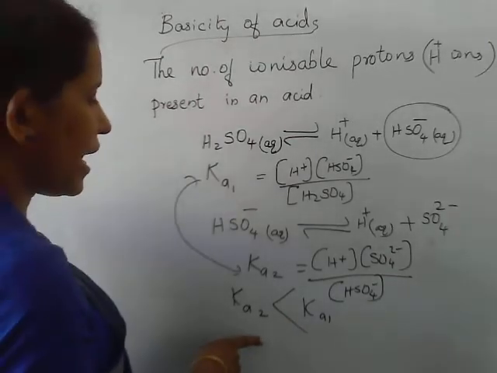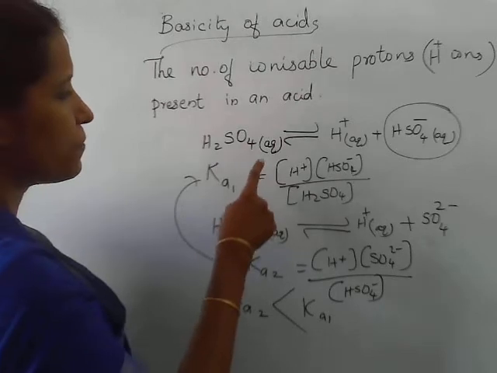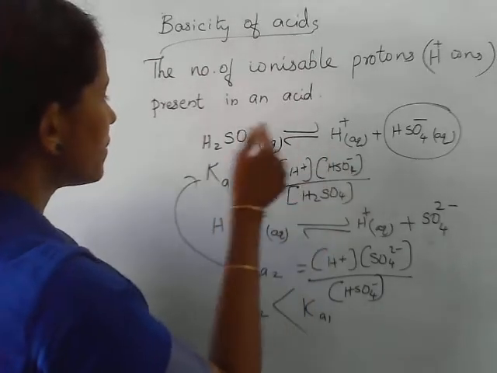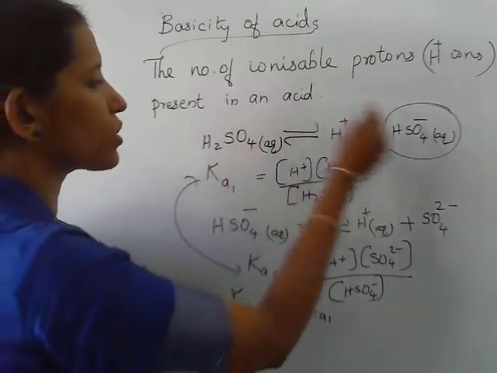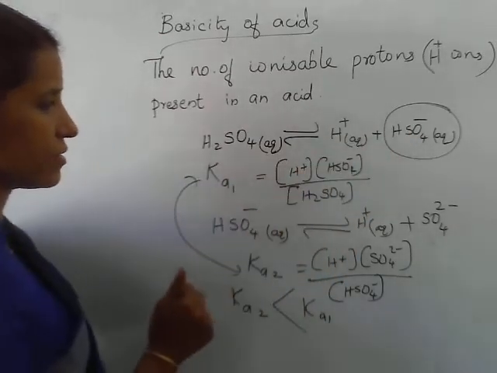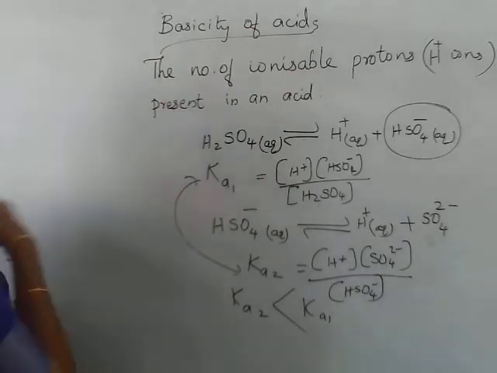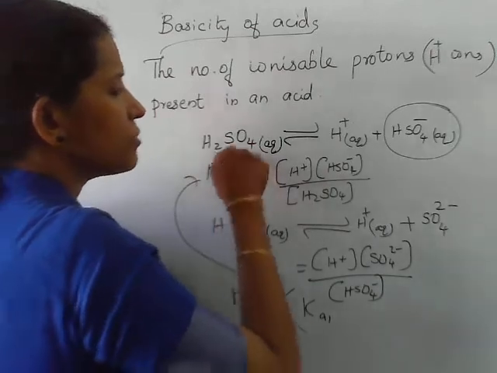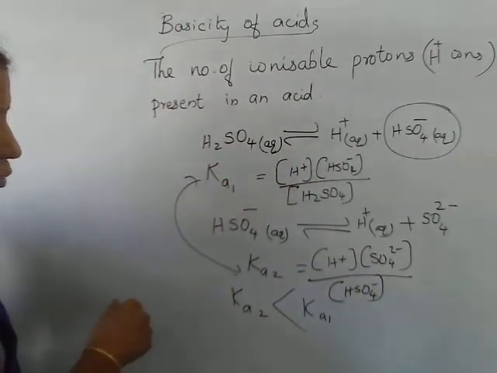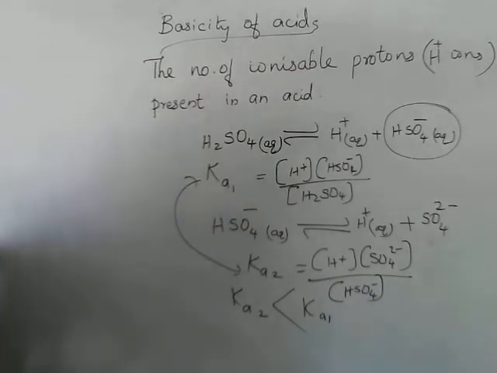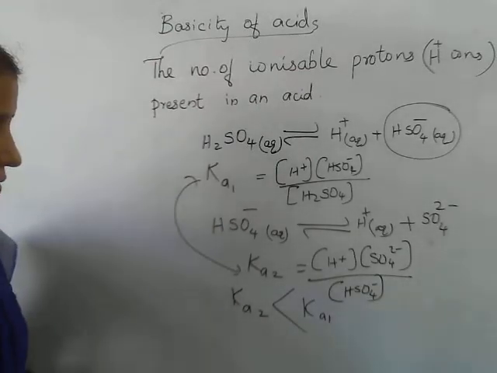This is because the formation of H plus ion from a neutral molecule is easier. Ionization is more in the case of first ionization because the removal of a proton from a neutral compound is easier compared to the removal of a proton from a negative ion, due to electrostatic forces.